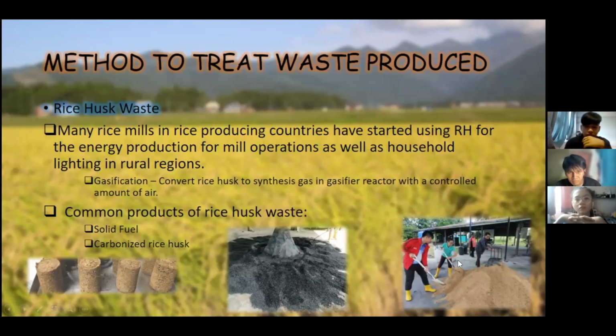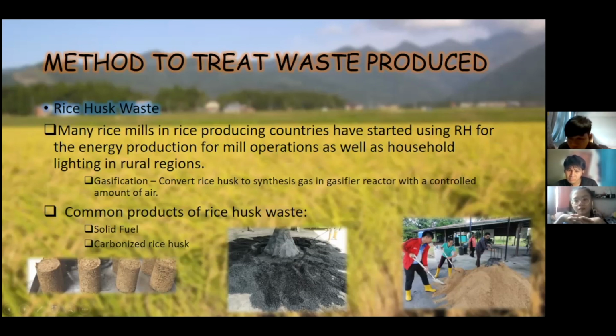As you can all see here, this is the black ash, or we can call it the carbonized rice husk, which can be used as a fertilizer or as the medium for paddy crops. And this is the process to burn the rice husk waste.